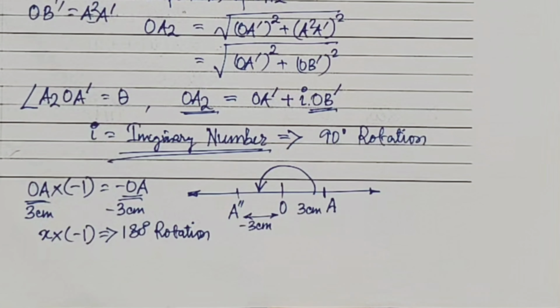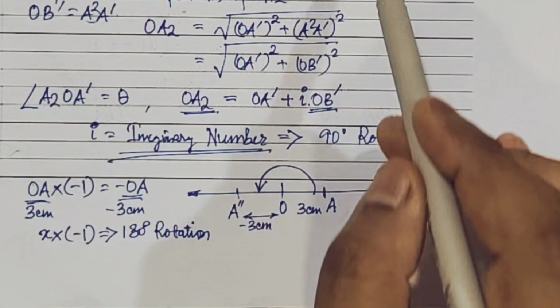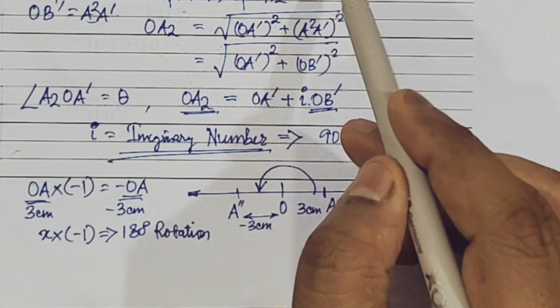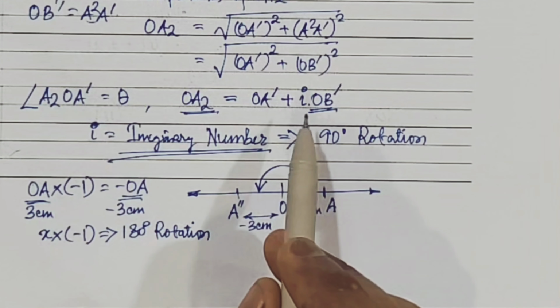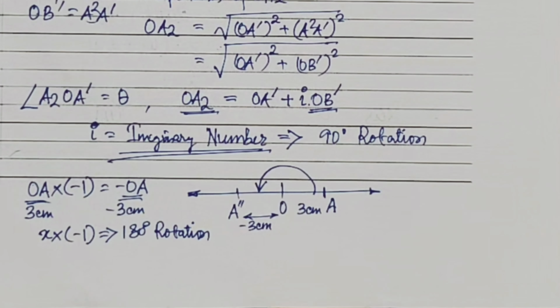Now, as we know from the previous diagram, OA prime, OA2, OB prime, that i indicates a rotation of 90 degrees.